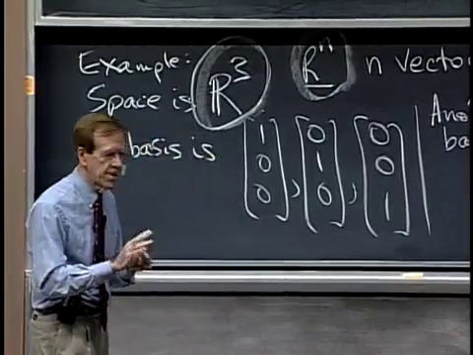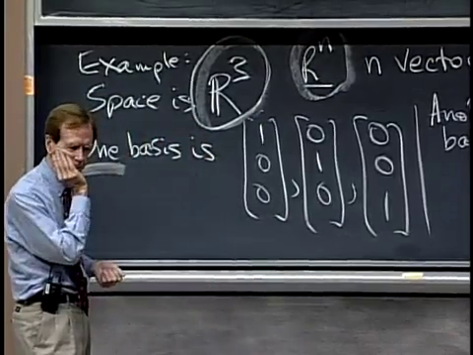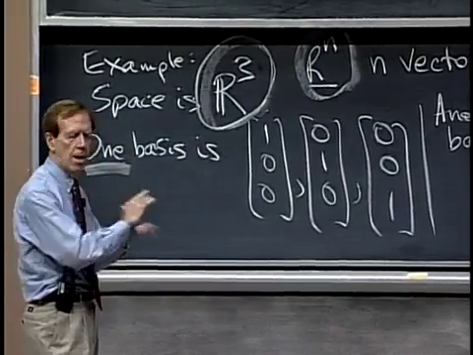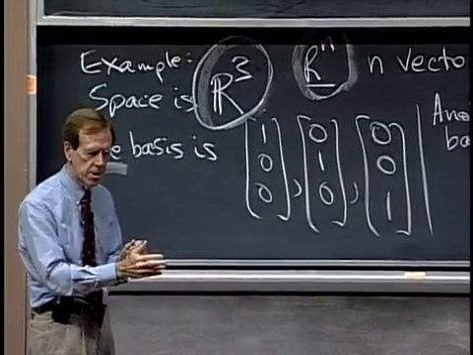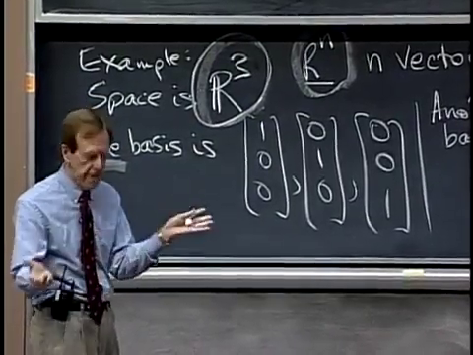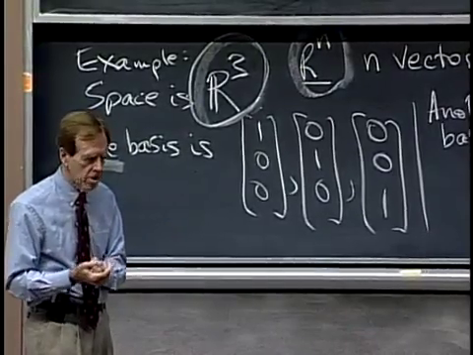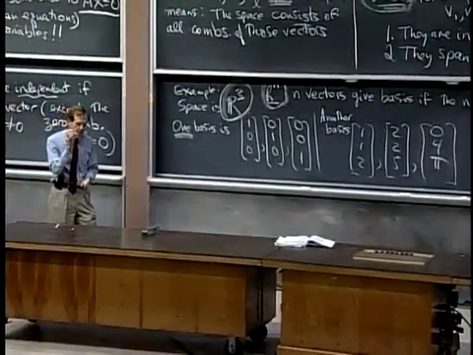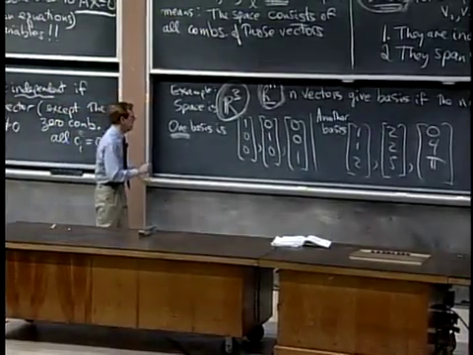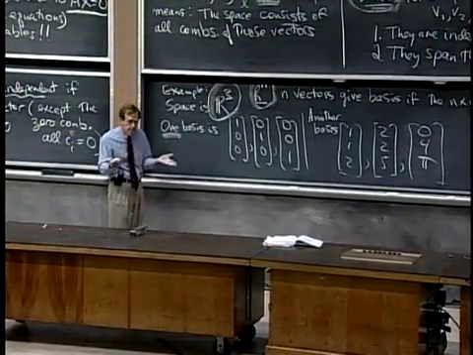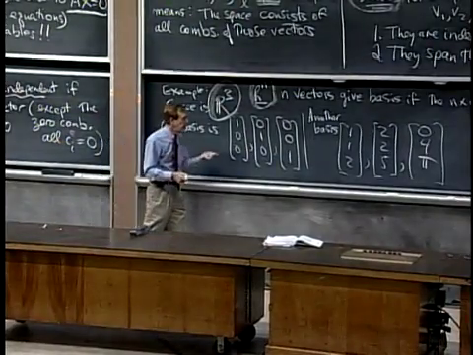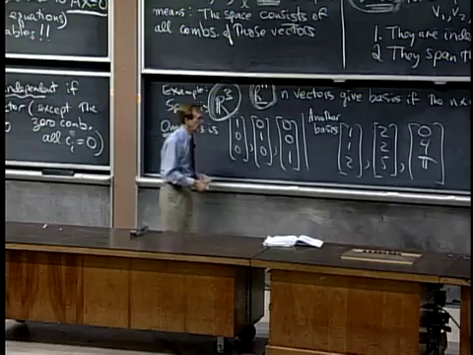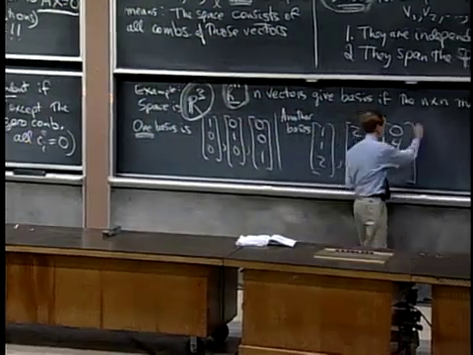If we're talking about some other space, the column space of some matrix, or the null space of some matrix, or some other space that we haven't even thought of, then it still is true that there are lots of bases, but every basis has the same number of vectors. Let me write that great fact down.